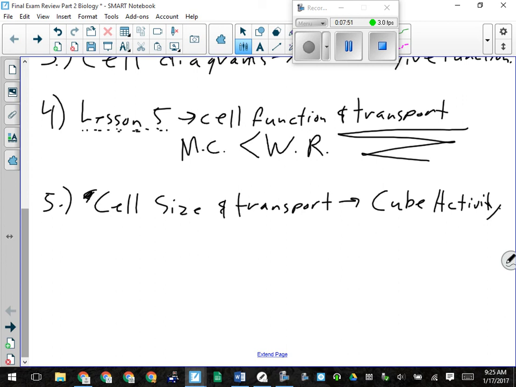Okay, that's an important concept. There is a written response item directly on that concept on that lab, so make sure you go over that. Obviously then diffusion is part of that.